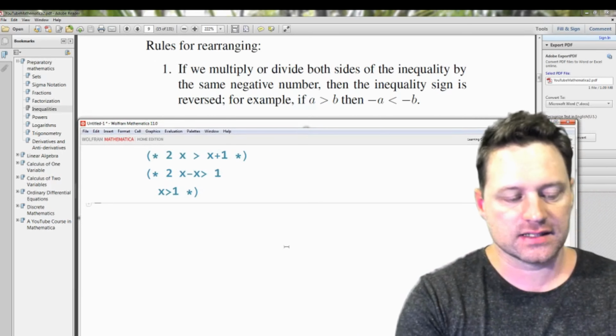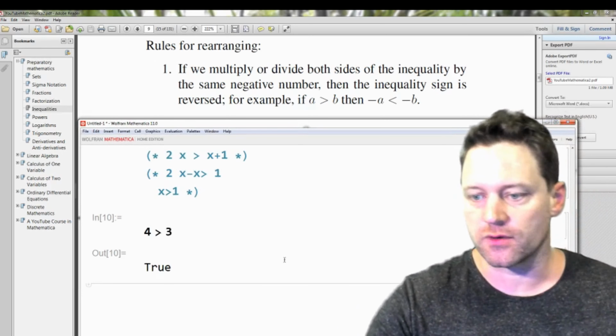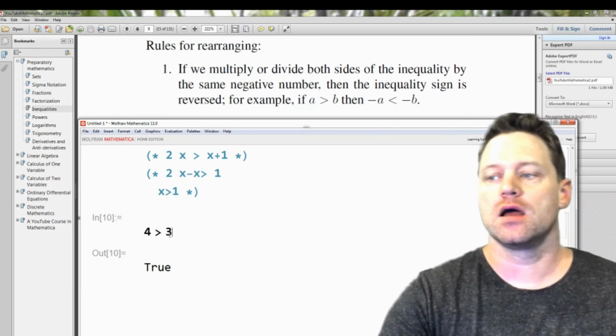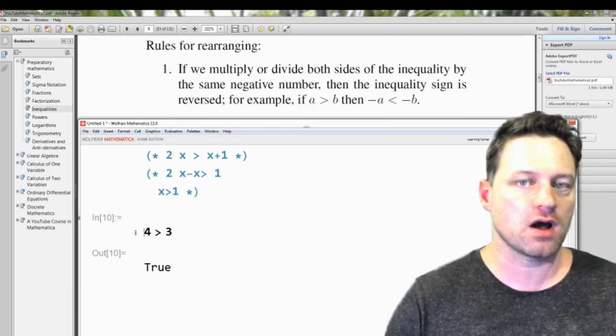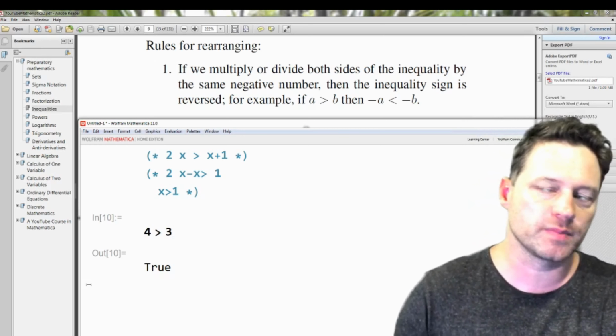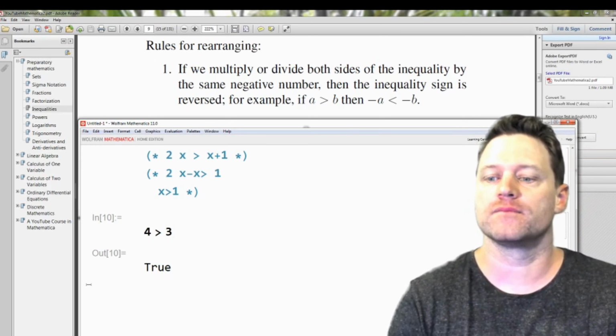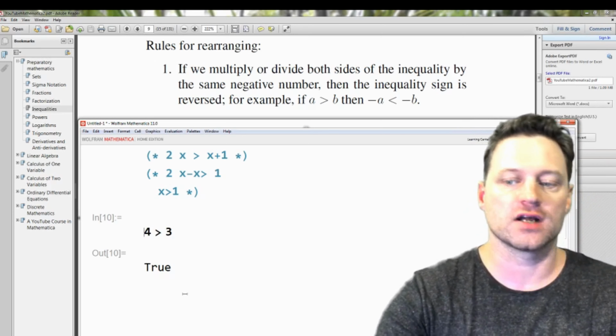We all know that 4 is greater than 3. Let's press Shift Enter. Yes, true. But what if we multiply throughout by -1? If this were an equation, that would be an okay thing to do, to multiply throughout by some number, but not true for inequalities.